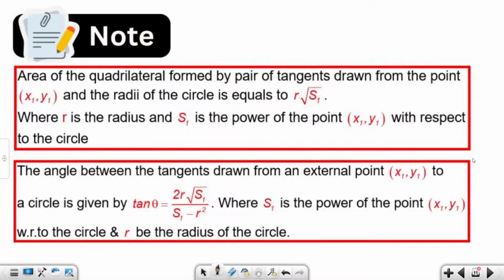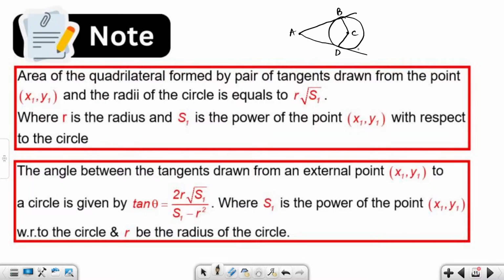Okay, so the next thing is that we have shown this one. Again, I have proved this. There is a circle. Now, there is a point outside the circle and we have drawn 2 tangents. So, if this is the center, let me just join these 2. So, the quadrilateral that is forming, let us say ABCD be the quadrilateral.